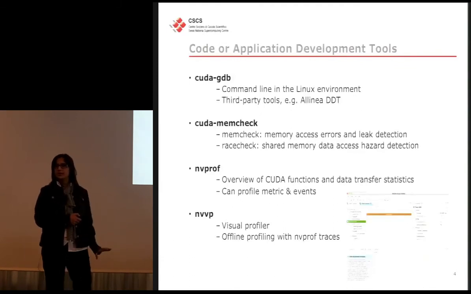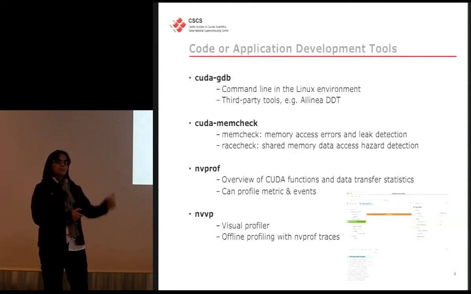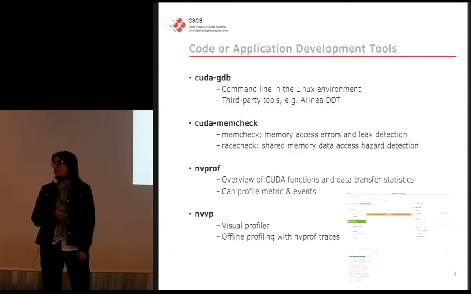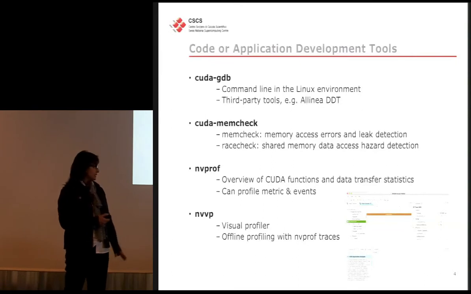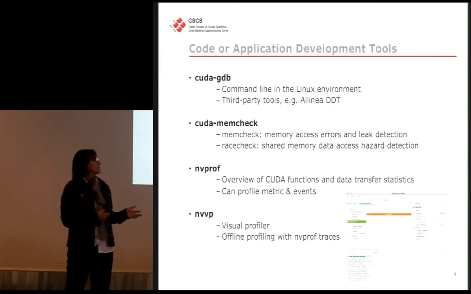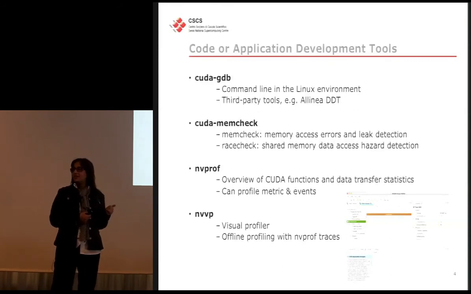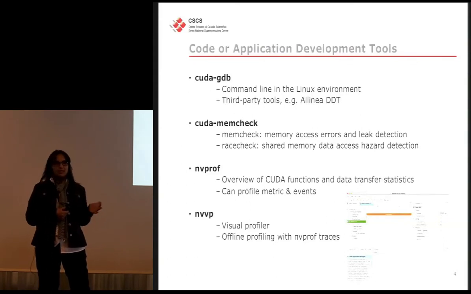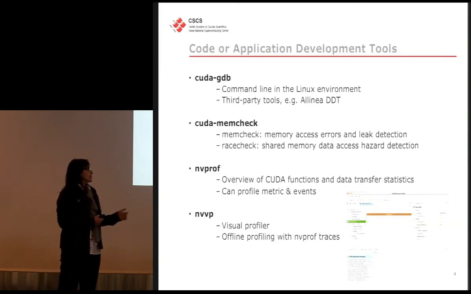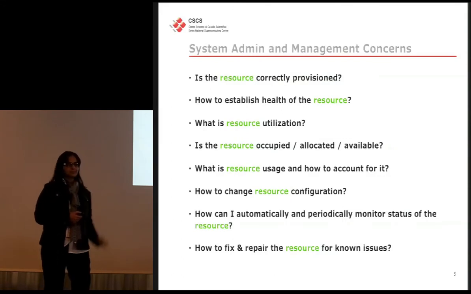I'm not going to go into any detail, but if you really want to know more, you can talk to me, or the person who gave the GPU intro talk can talk to you more about it. But the idea for presenting it here is, if you are a system administrator or an engineer, if one of these things is broken or doesn't function properly, people will be unhappy. And especially on the Cray system, for some of the tools, we had to invest some time and effort to get everything working as expected.